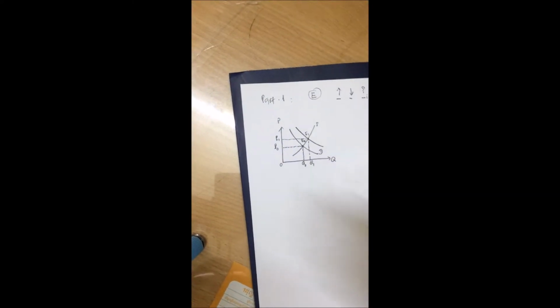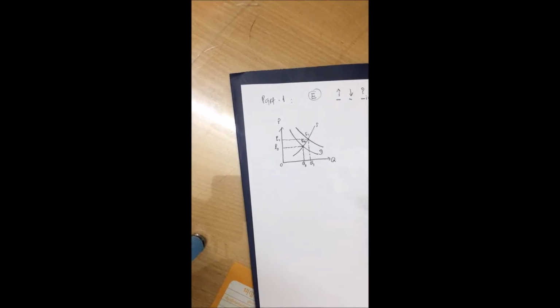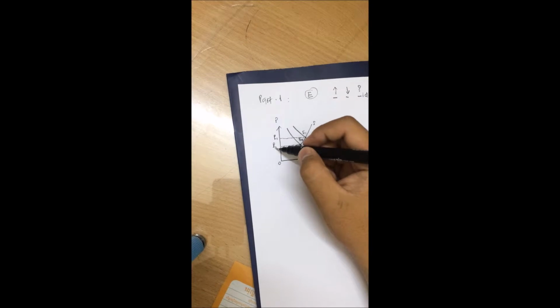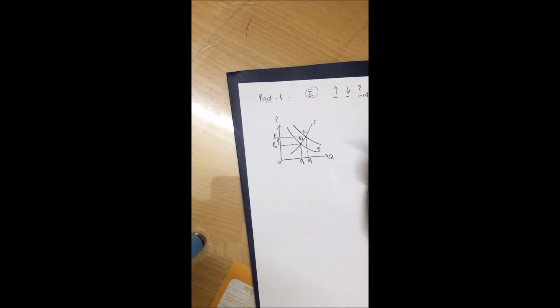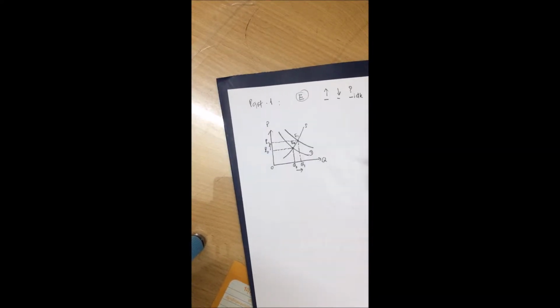So you compare the 0 and the 1, and you will know what arrow you should draw. From P0 to P1, it is an increase. From Q0 to Q1, it is an increase.